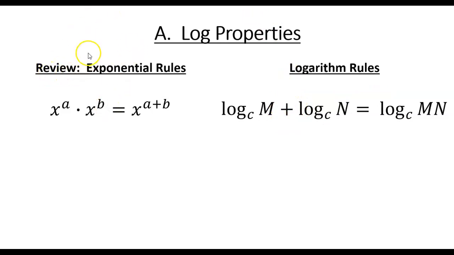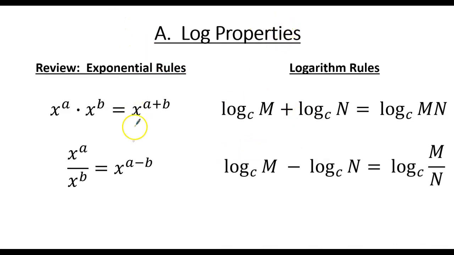Let's review another exponential rule. If you have x to the a being divided by x to the b, that means you can put these x's together as one x and subtract their powers, where you do the top power minus the bottom power. And once again, there's a matching log rule for that.